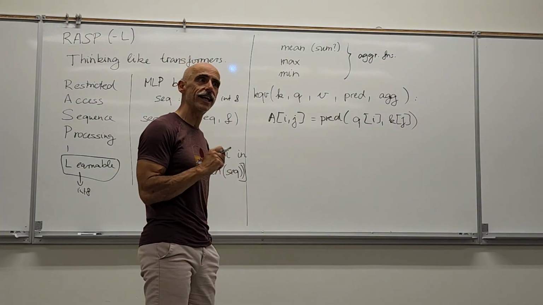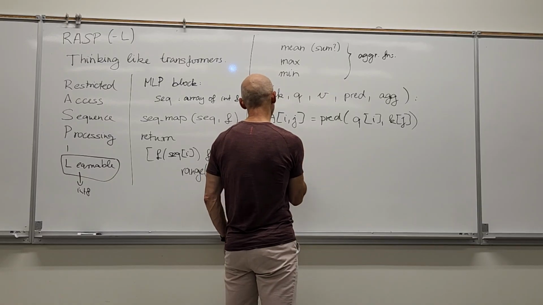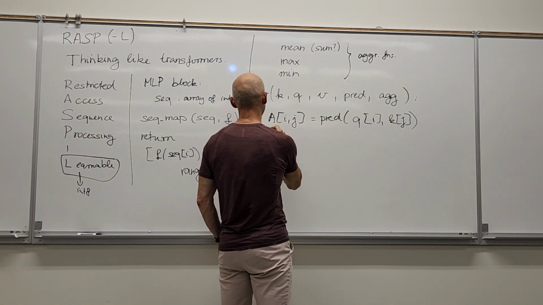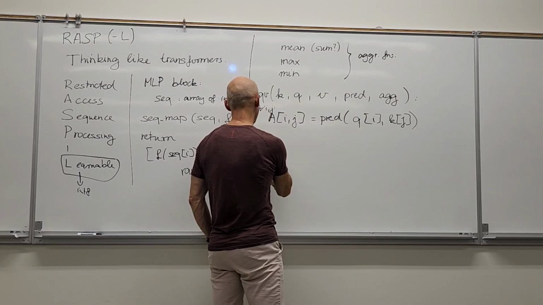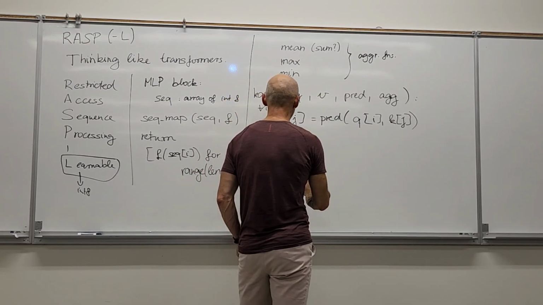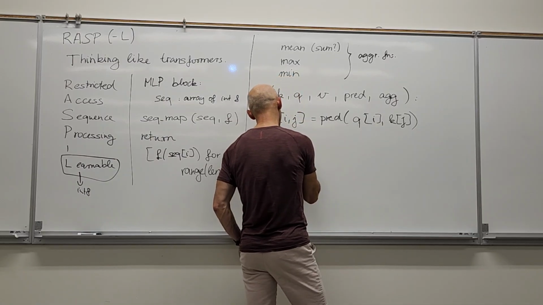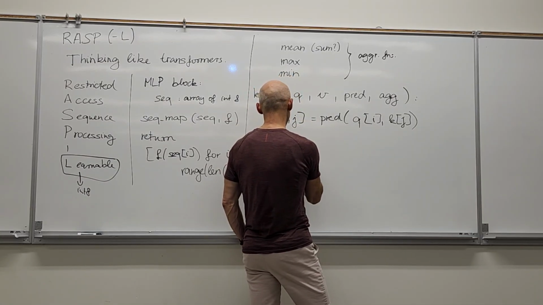And then there is this selection, which collects all the values, so this happens for all i and j, and then for all i positions, you collect all the values, let's call it capital V_i.